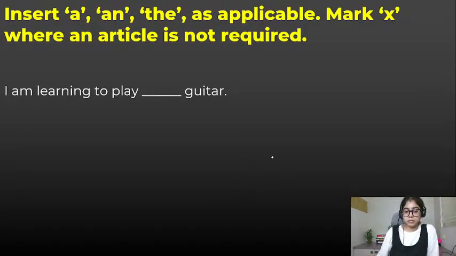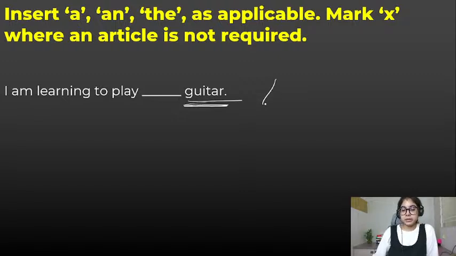I am learning to play guitar. A guitar, the guitar, or just guitar? Well, technically, you would say I'm learning to play a guitar, right? Wrong. I'm learning to play a guitar is although technically right, but it's a little too specific of a rule. Guitar is not just any object here. Okay.